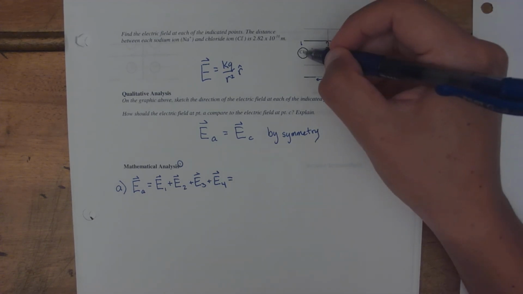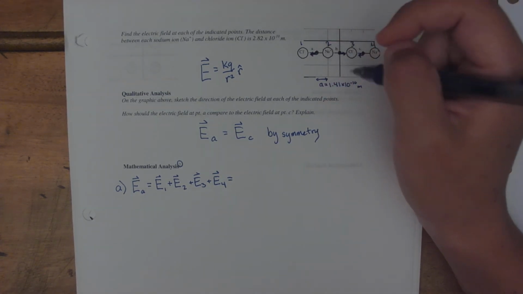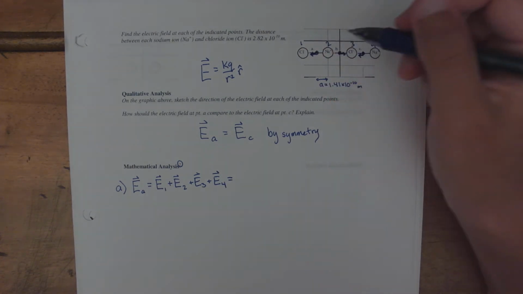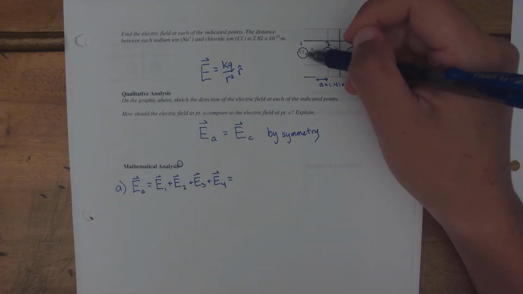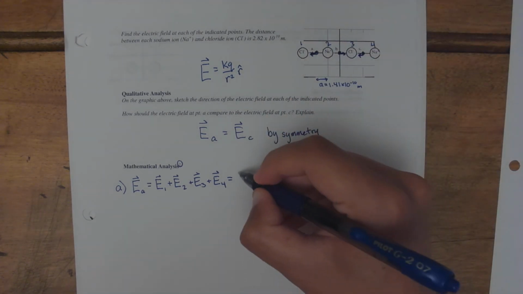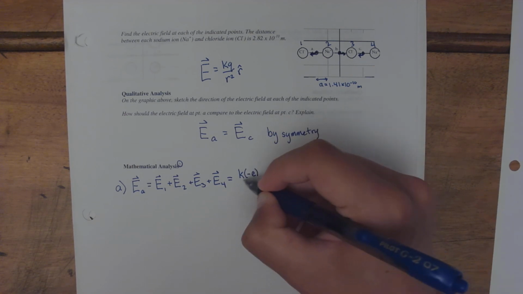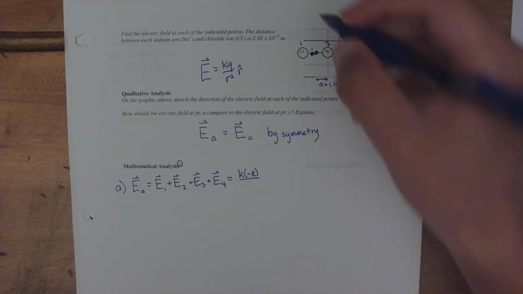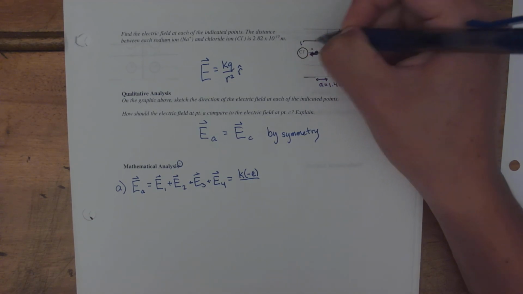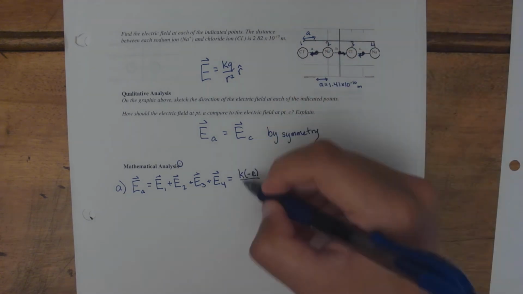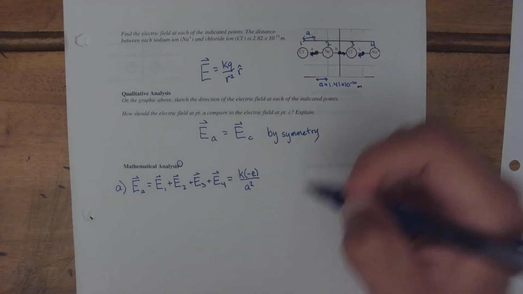So starting off with charge 1, all of these charges have a charge of either plus E or minus E, again, like we saw in lab. So this charge is minus E, so this is K times minus E over the distance from the charge to the point of interest, from here to here is 1 block, so that's over A squared.